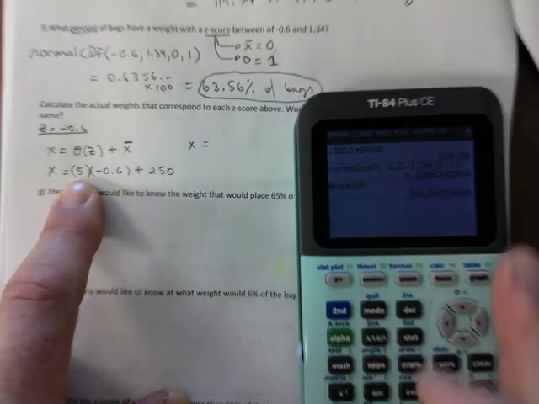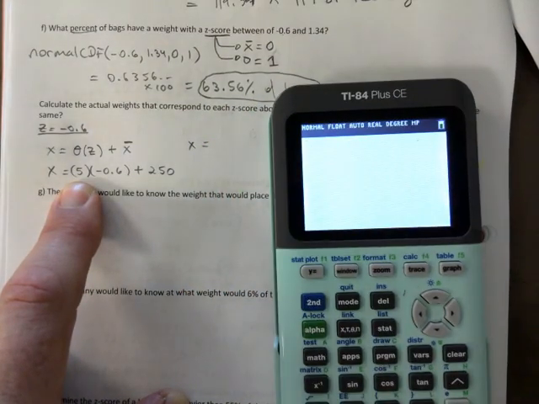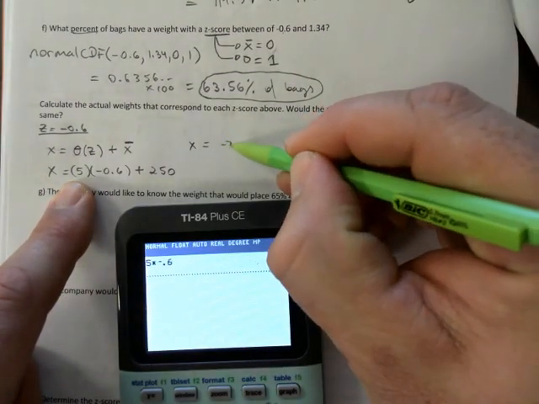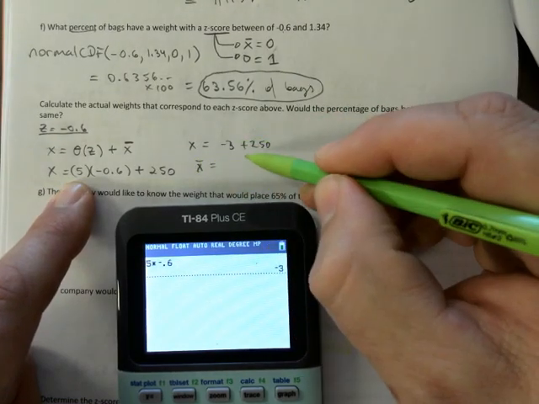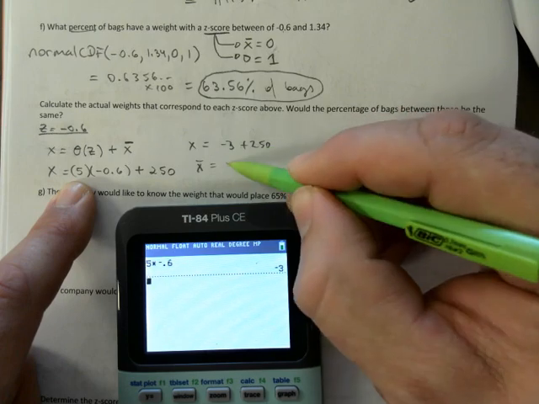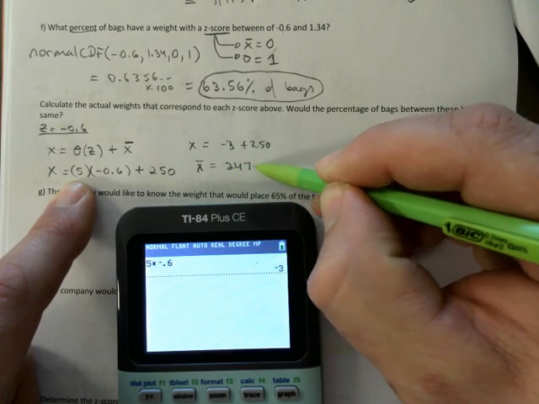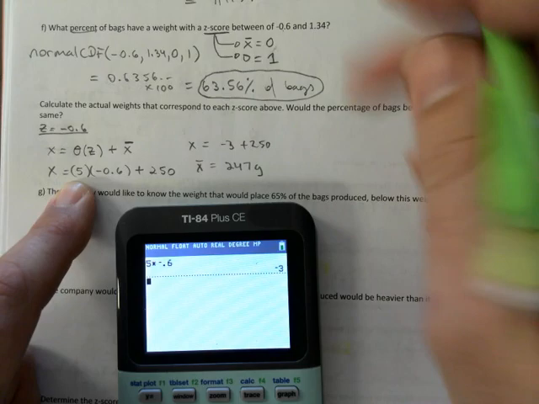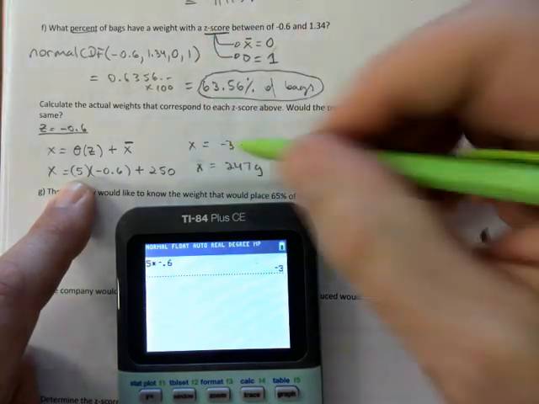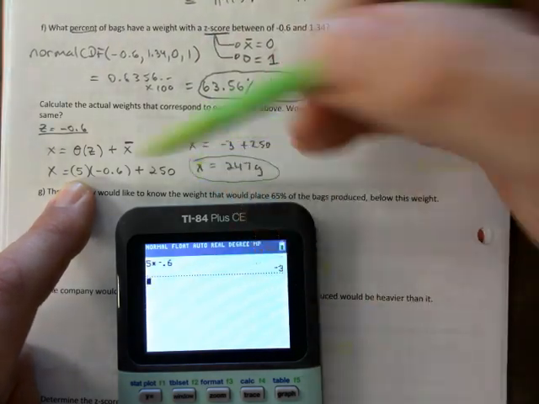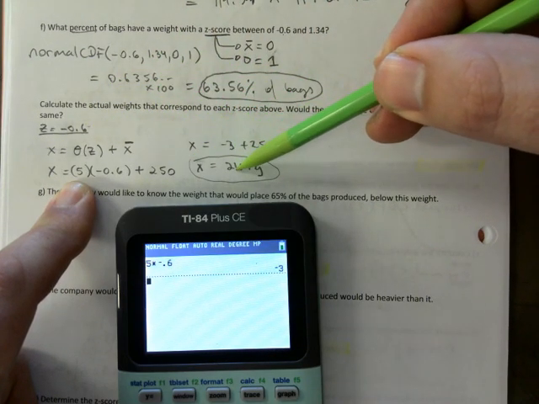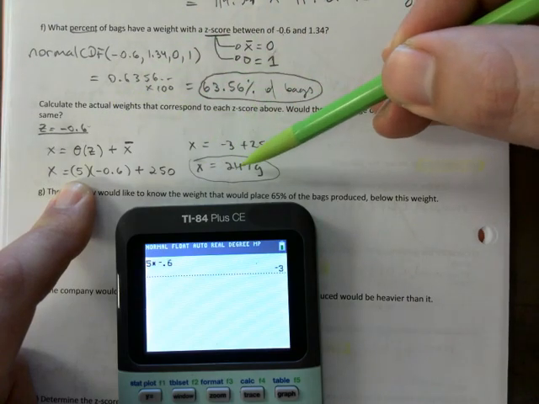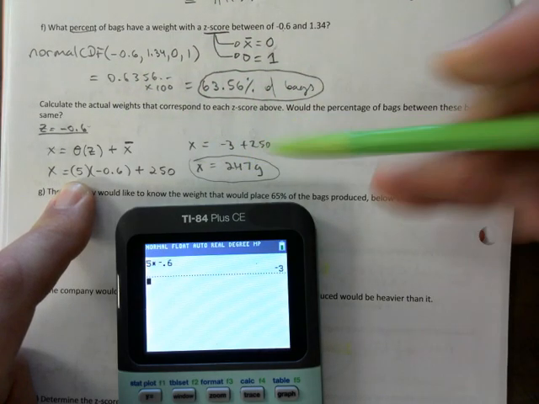So 5 times negative 0.6, that's negative 3. And you go plus 250. So this would be 247 grams. Okay, not x bar, sorry, just x. So a z-score of negative 0.6 would relate to this. It's the same thing as saying a bag weighing 247 in this case.